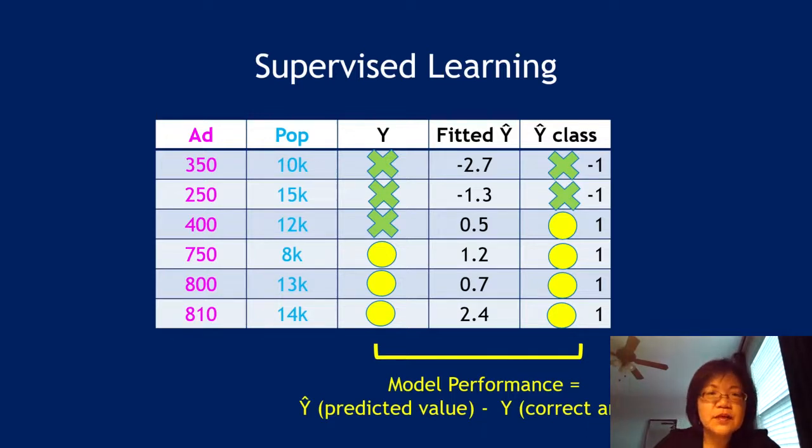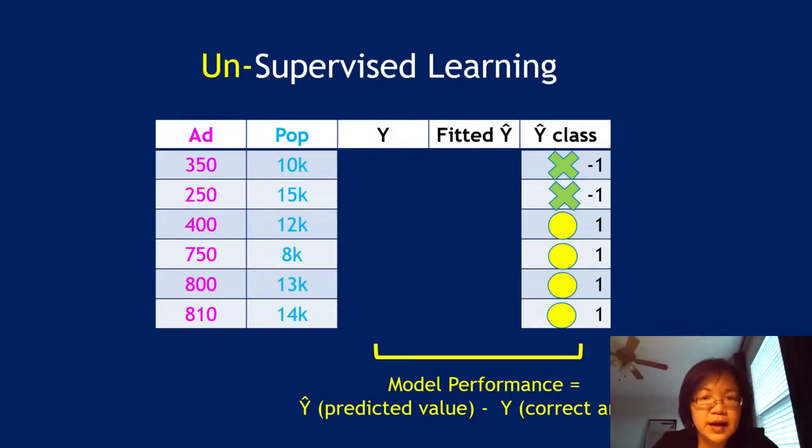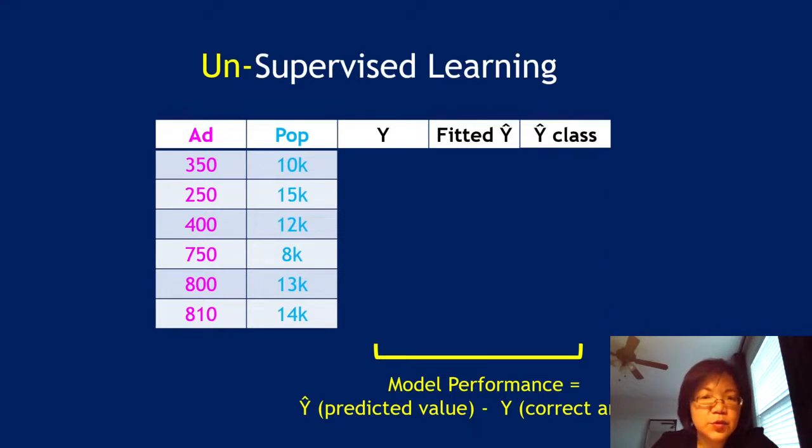Now, in the case of unsupervised learning, you will not have the Y column, which means you cannot calculate the Y hat, or you cannot get classifications of Y hat values. And so the model performance measures that we've been using for supervised learning are simply unavailable to unsupervised learning.